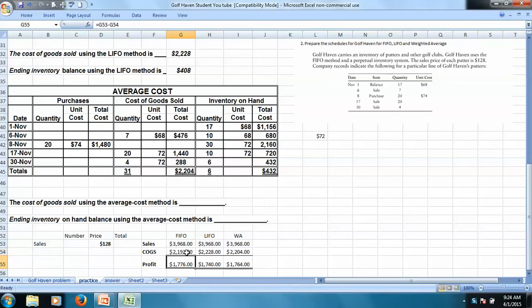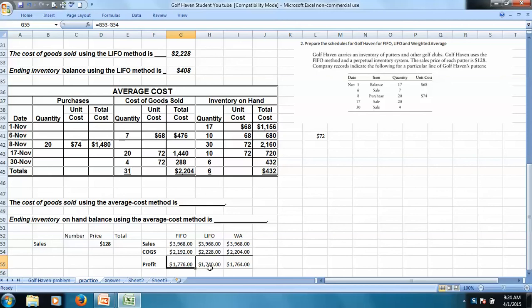That's a way that you can check your own work, because what you should see are profits which are similar yet different. The profit, depending on the method you choose, will change. Under FIFO you are using the oldest prices to allocate to the cost of goods sold in a time of rising prices. The profit looks like it is higher because you're using less cost.